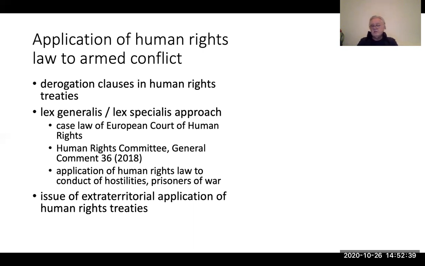But then they said, nevertheless, in the situation of armed conflict, international humanitarian law would be what they call the lex specialis, the special body of law, and the implication was that it would somehow displace human rights law, or that human rights law would defer to international humanitarian law, which was more specifically tailored for the context of armed conflict.